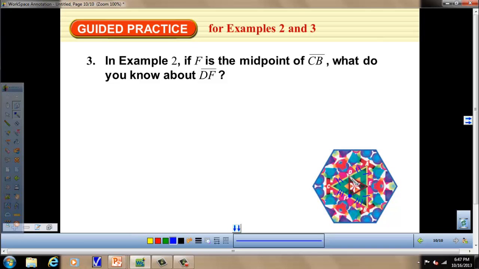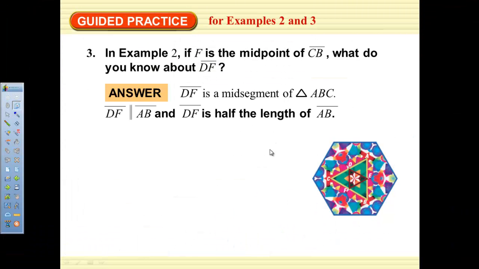And for example, we could say that FD is a midsegment, and that FD is equal to 1/2 of AB. So those would be things that we could say. And again, DF is the midsegment of triangle ABC. We'd know DF is parallel to AB, and we'd know that DF is half of AB.